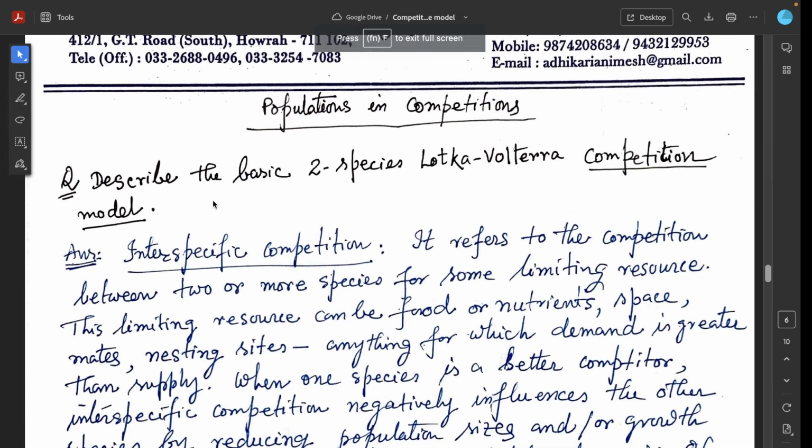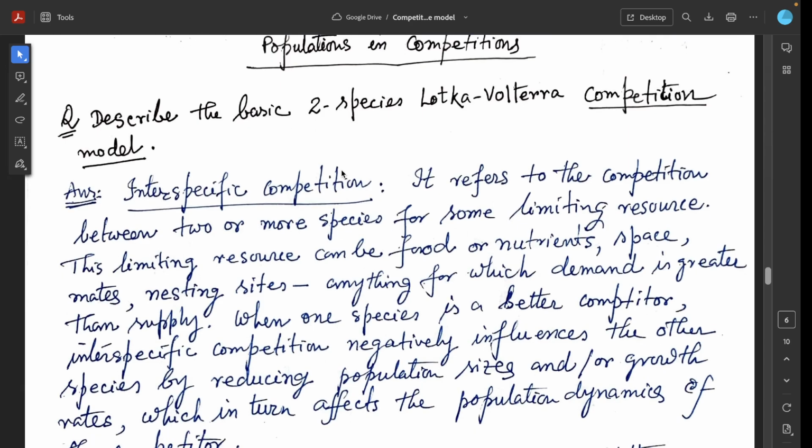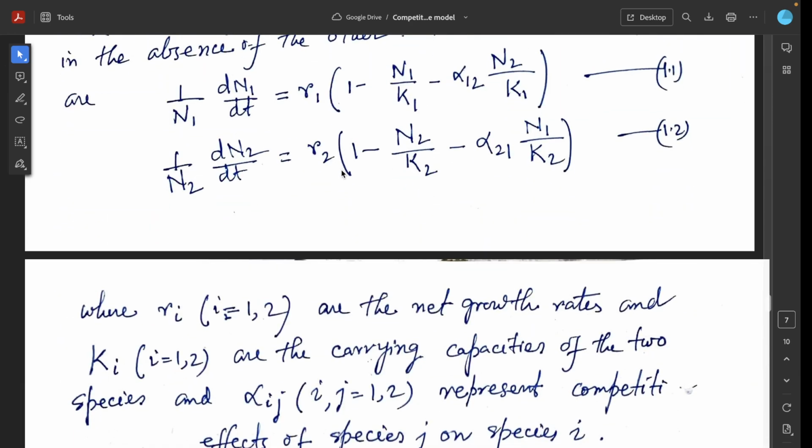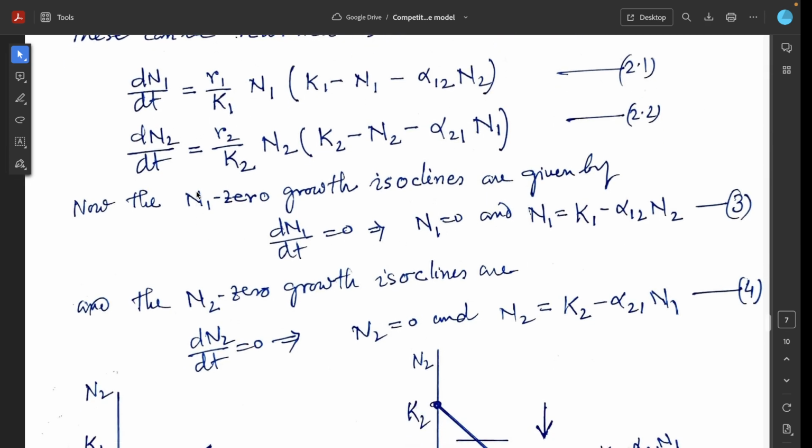Next question: populations in competition. Describe the two-species Lotka-Volterra competition model. We already discussed these equations. Here the n1 zero growth isocline is dn1/dt equal to 0, that is n1 equal to 0 or k1 minus n1 minus alpha12 n2 equal to 0.